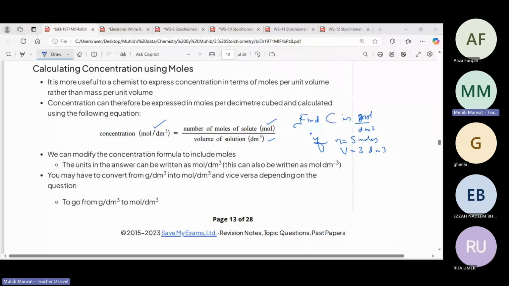So we will be using this formula to calculate concentration in moles per dm cube. Moles are 5 and volume is 3 dm cube. So you will just have to calculate. It's simple, right?